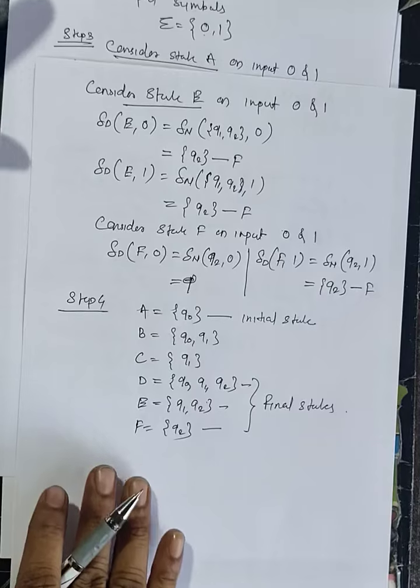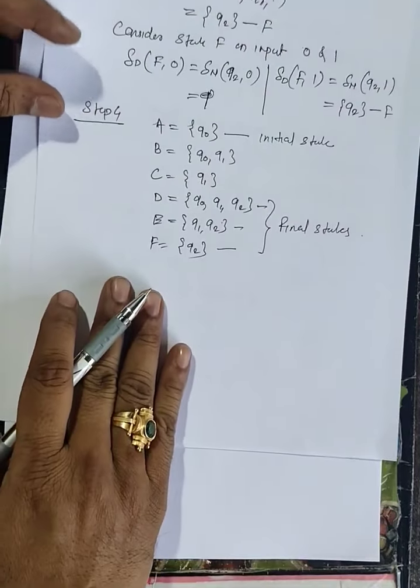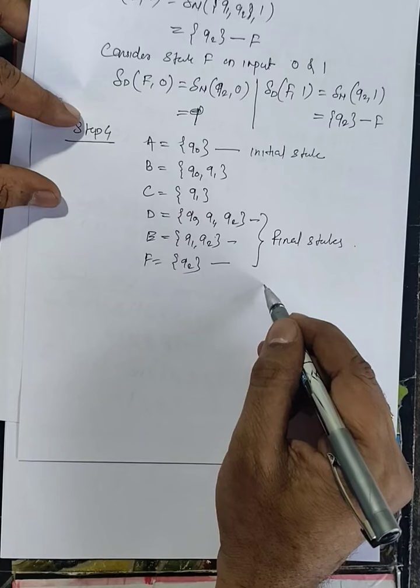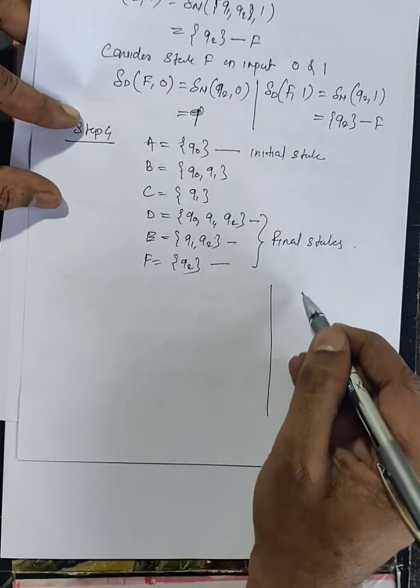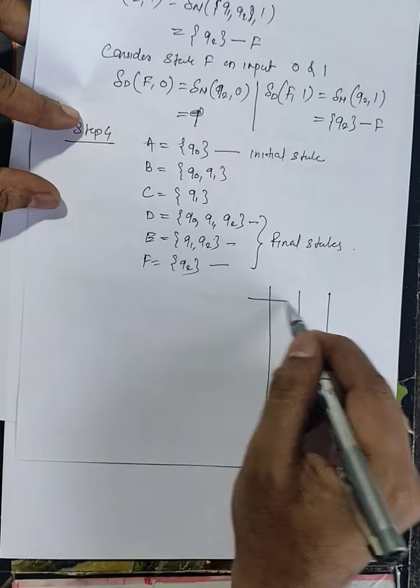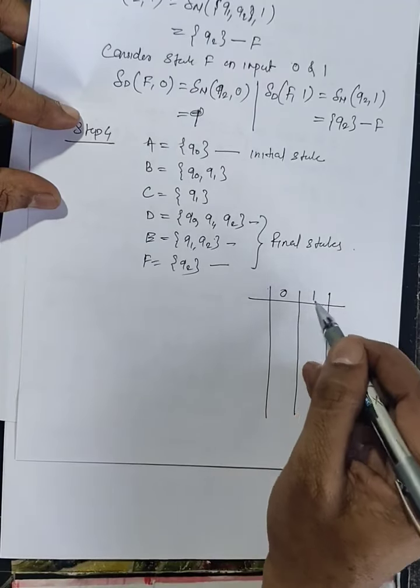Once you know the initial state, final state and all transitions, then you can construct the transition table. In the transition table, there are two input symbols, 0 and 1.